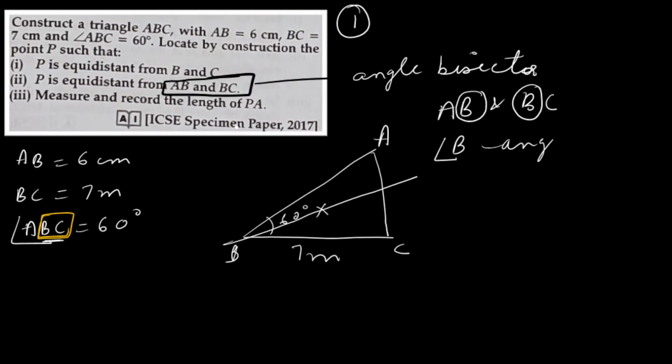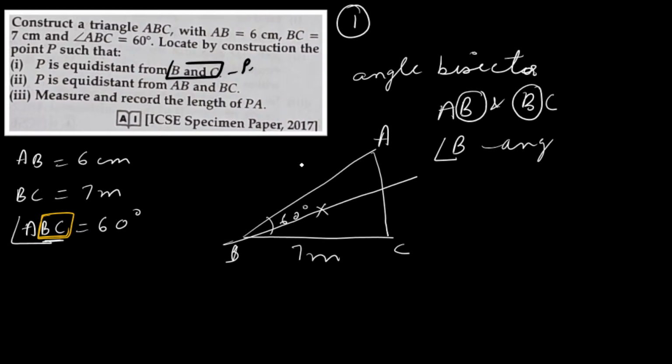Then you just have to measure and record the length of PA. So that's what you have to do. Okay, B and C also. I missed a point. You have to draw equidistant from B and C also. Equidistant from two points means you have to draw a perpendicular bisector also.